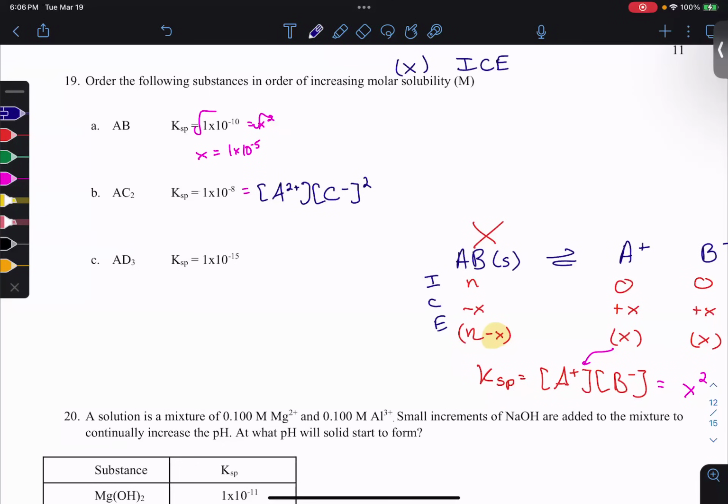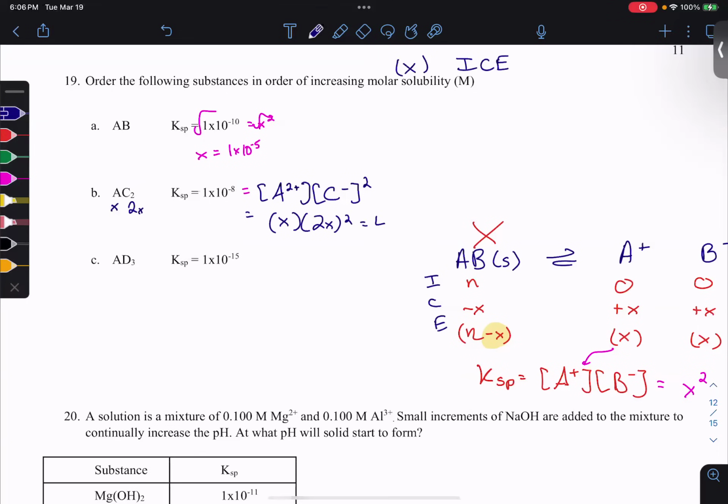When this breaks up into water and we do our ice table, we get an X amount of A, but then how much C do we get when it breaks up? 2X. So those are the X's that we put into our KSP expression. So this KSP expression reduces down to X times 2X squared.